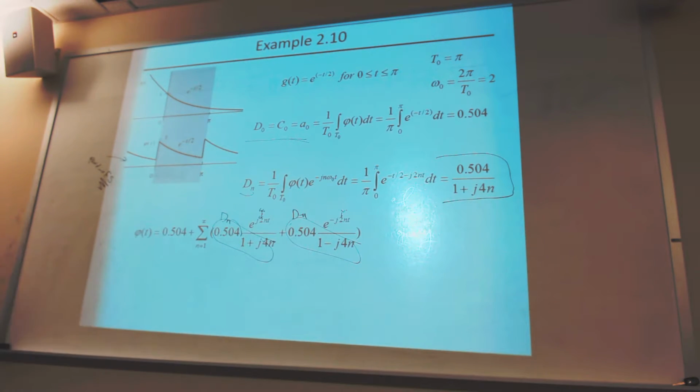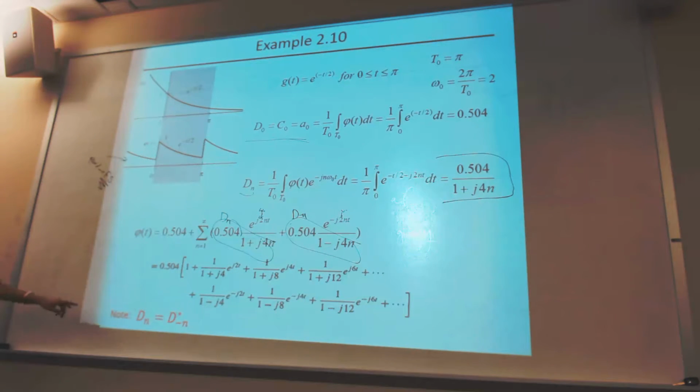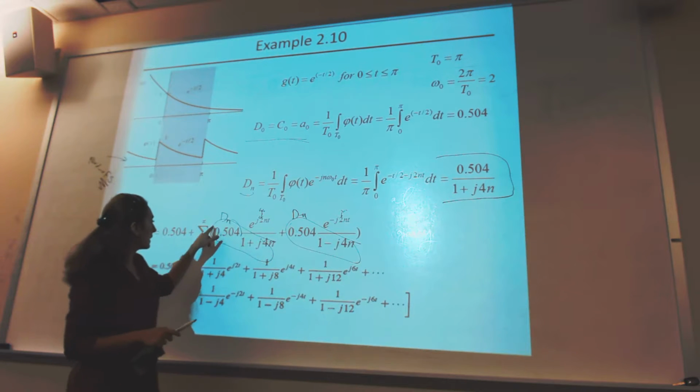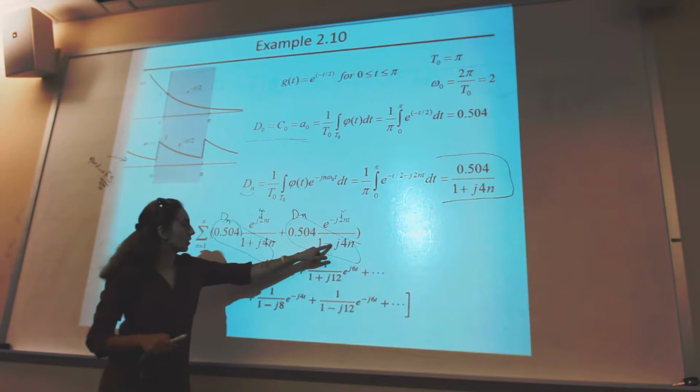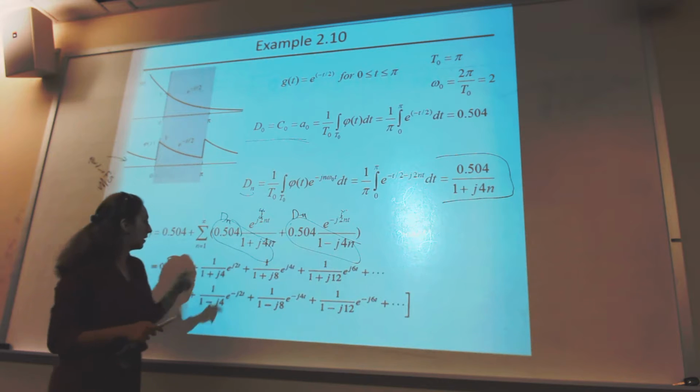Now in the next slide, I asked you to plot this Dn, the magnitude and phase. And again, look at this. There's the conjugate symmetry between Dn and D negative n, and they are conjugates of each other, always.